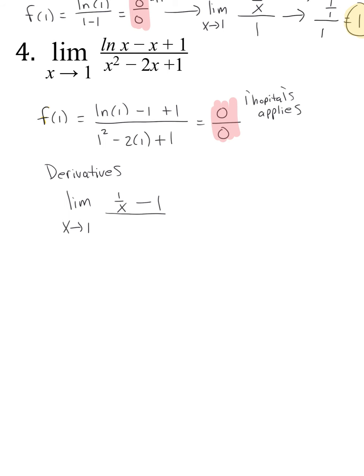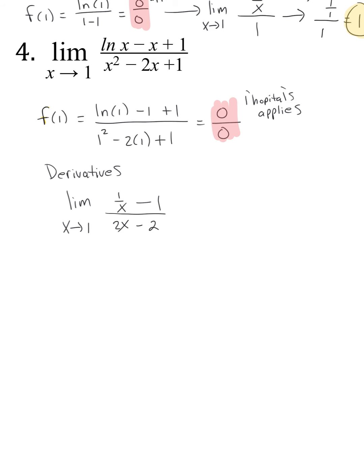Now we go to the denominator. The derivative of x squared is 2x. The derivative of negative 2x is negative 2, and the derivative of 1 is 0. So there is our derivative.